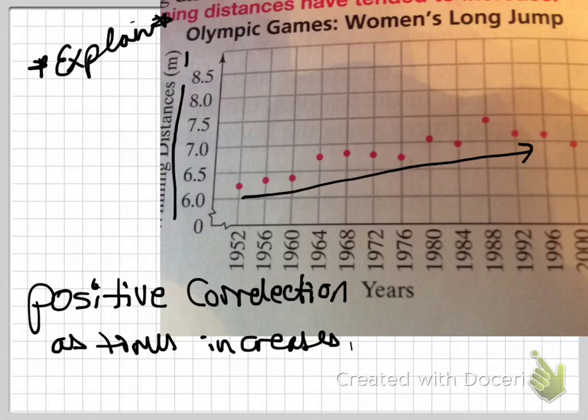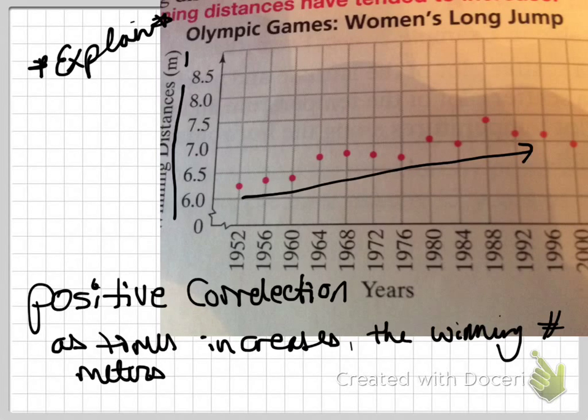So as time has increased, the winning number of meters has increased as well. So as time is going on, you have to be able to jump further in order to win. In 1952, you could jump 6.3-ish meters and win. But now, upwards towards 2000, you have to be able to jump closer to 7 meters or beyond in order to win. That's a positive correlation.